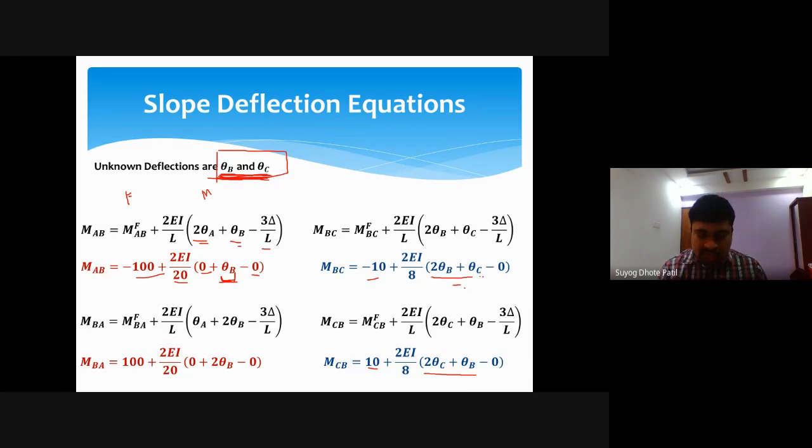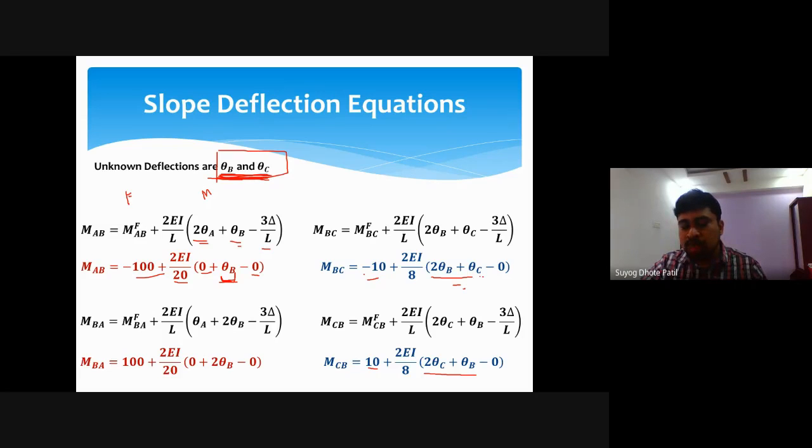After solving these, we can calculate the theta B and theta C values. But with two unknowns and four equations, we should have some additional relations to calculate these two basic unknowns.